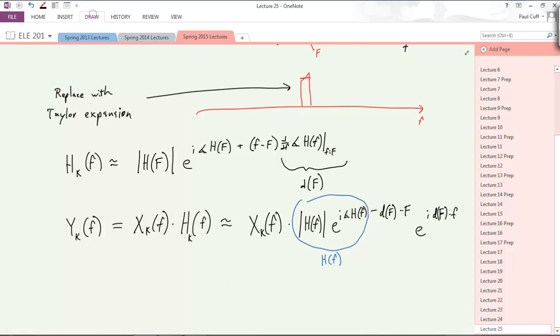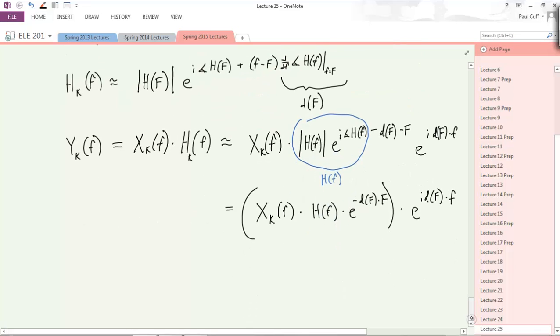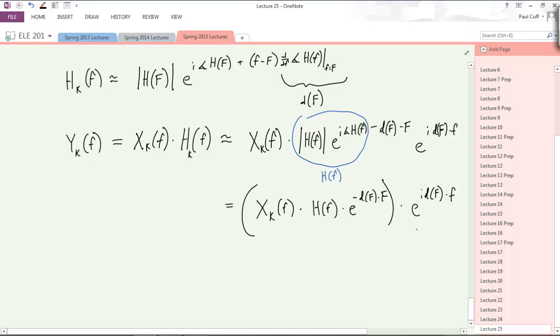So we can say this equals x times h of f times some constant phase term, e to the negative i d of f times capital F, okay, this whole thing, times e to the i constant, but here f is little f. It's the frequency. In other words, it's varying.